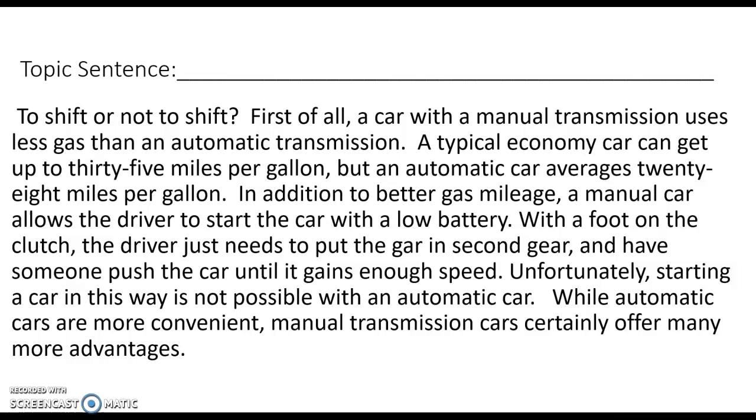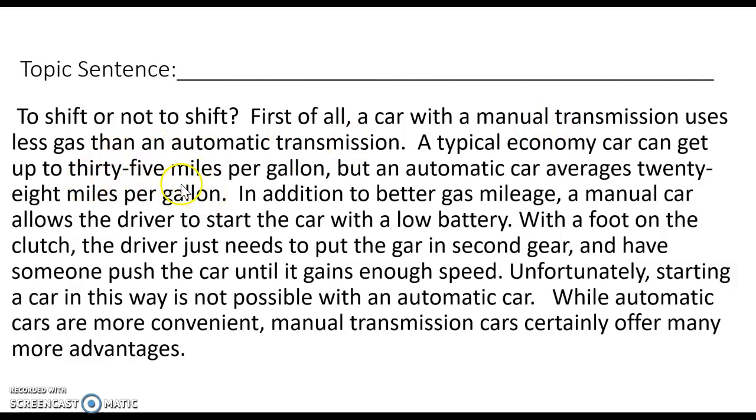And then I'm going to give you a short moment to read this paragraph, identify the topic, and controlling ideas. So the topic here is about, is it automatic or stick shift? Well, this is about driving a stick shift, a manual transmission. We have some benefits. What benefits do we have?